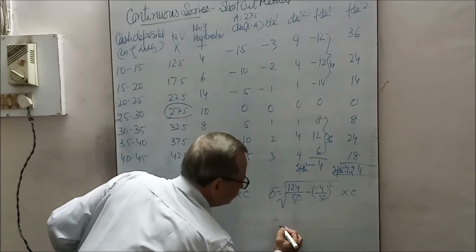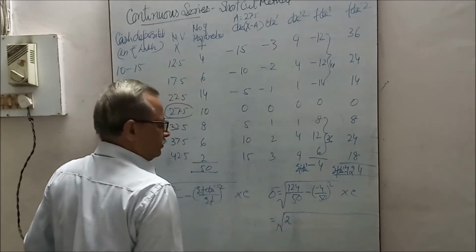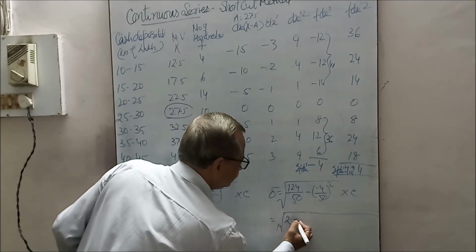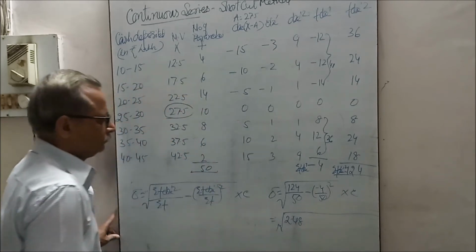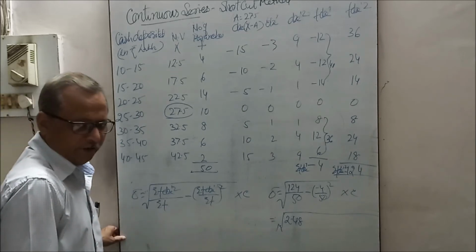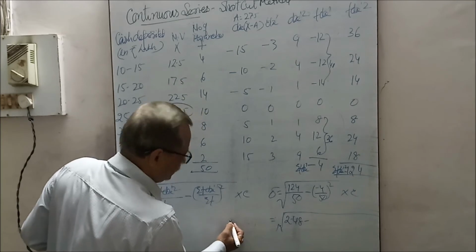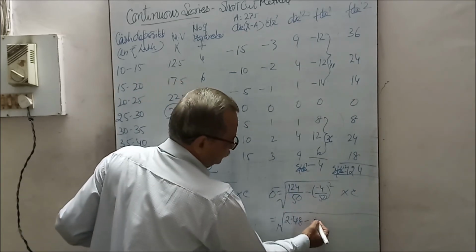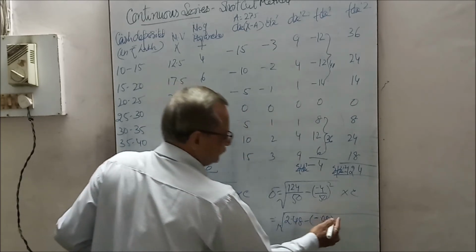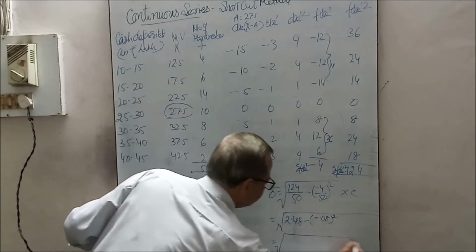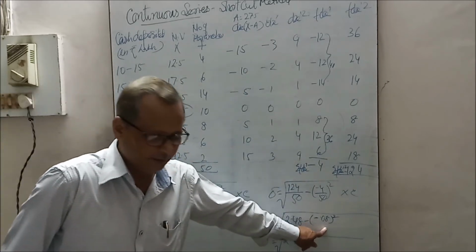Divide it. 2.48 minus 0.08 square, then c. 2.48 minus, this minus square is plus, and this is the square of 0.08.